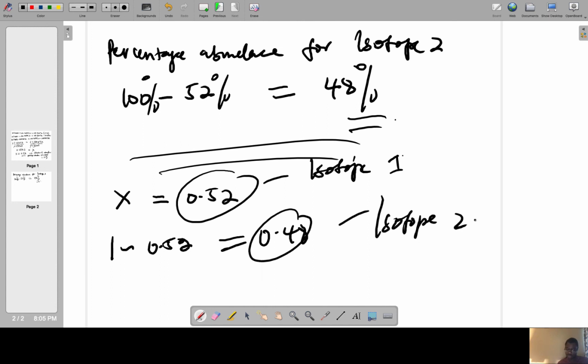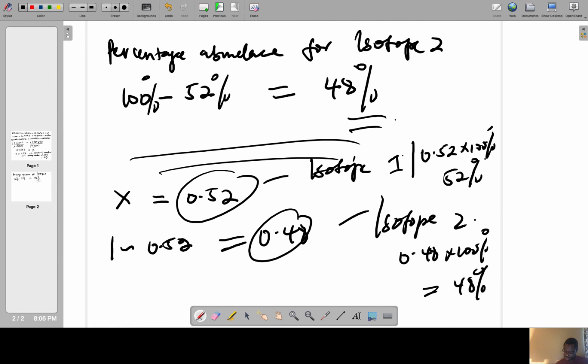To get percentage abundance, we now multiply each by 100. So 0.52 times 100% is 52%, and 0.48 times 100% gives us 48%. Whichever way you feel comfortable doing.